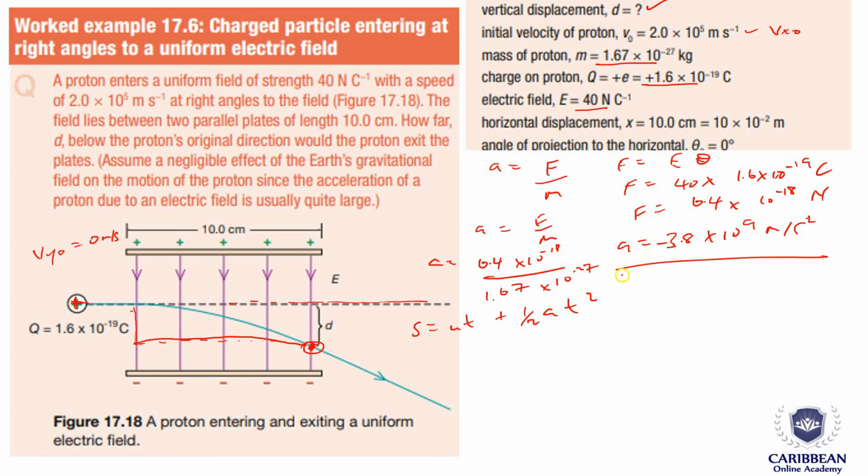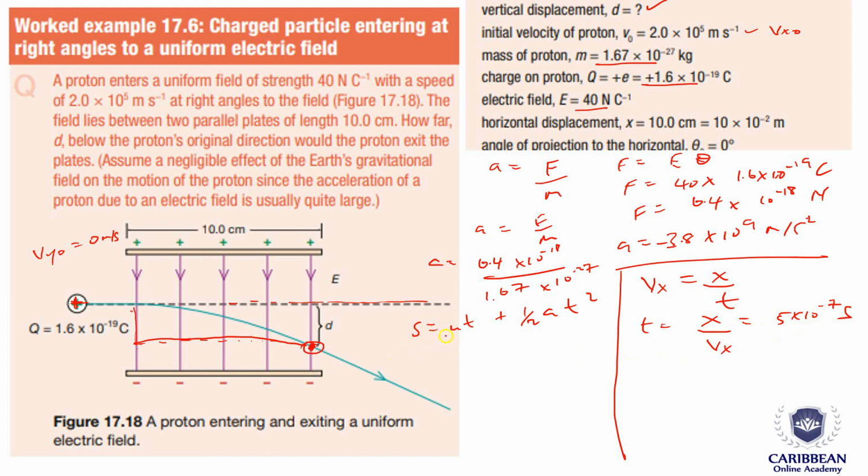So we can find the time by saying v of x, the horizontal velocity, is equal to displacement divided by t. If we make t the subject, then t is displacement divided by the horizontal velocity, which tells us that t is equal to 5 times 10 to the minus 7 seconds.